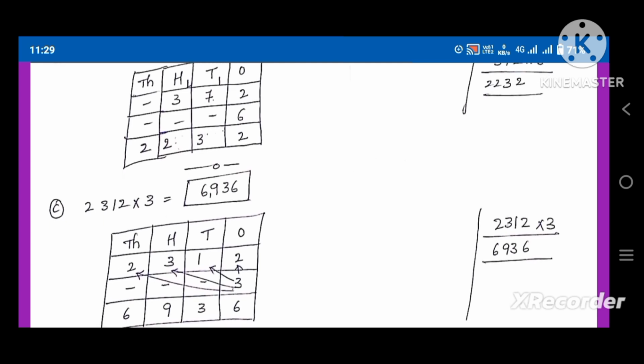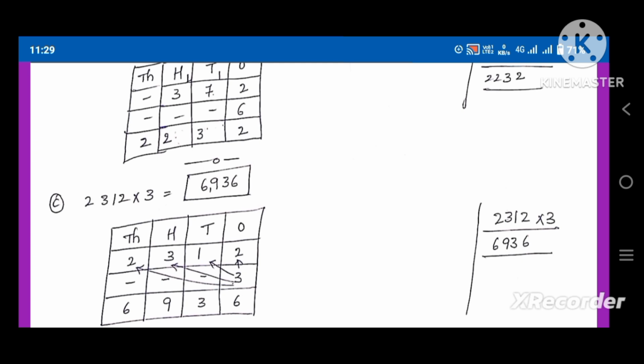3 into 2, 6. 3 into 1, 3. 3 threes are 9. 3 twos are 6.